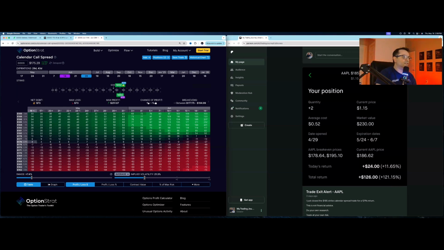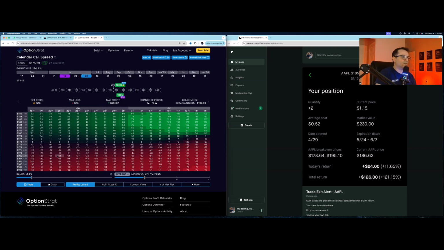But as it starts moving up and time decay kicks in, you're making more and more and more. So even if it goes up a little bit and stays stagnant or goes up and down, you can still become profitable, and you can lock in your profits.